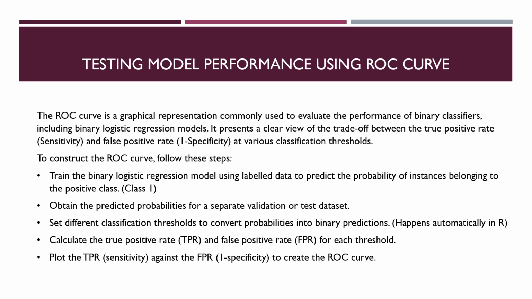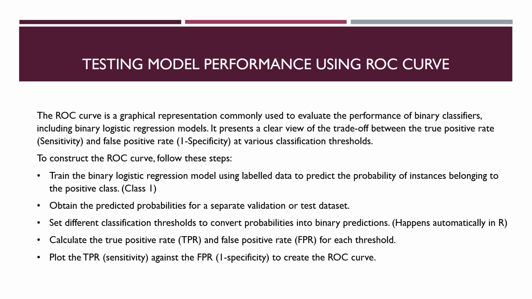So to construct the ROC curve, we follow the steps like train the binary logistic regression model using labeled data to predict the probability of instances belonging to the positive cases, that is class 1. Obtain predicted probabilities for a separate validation or test data set.